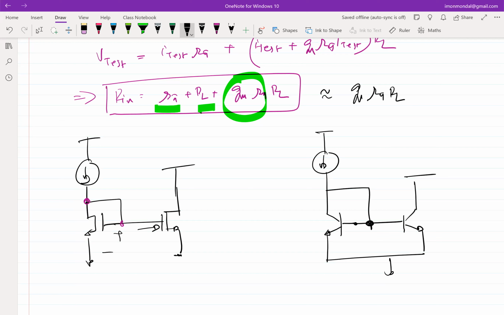That's what will happen in case of a BJT, because each BJT you connect will load this diode connected configuration. So if this is I0, and let's call this IC, this current will be IC over beta. This current will be IC over beta. So this current will be 2IC over beta. Correct?